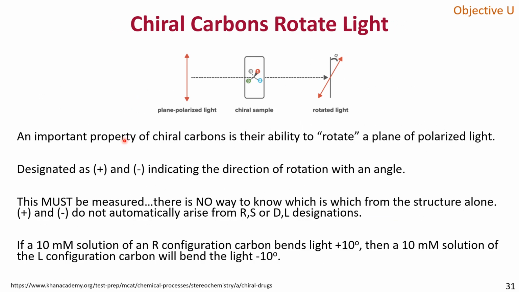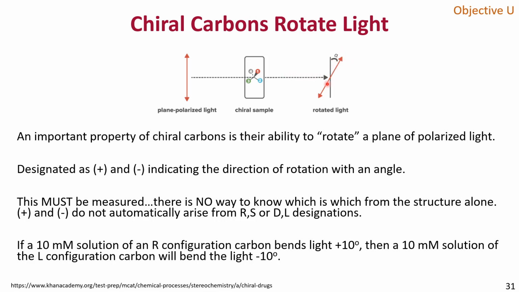Okay, so what is a chiral carbon? How do we even figure this stuff out at all? The four different groups allow that molecule to interact with light in a way that polarized light will be rotated by it. If you have plane polarized light coming into a sample, then when that light emerges from the sample, it will have rotated the plane of polarization.